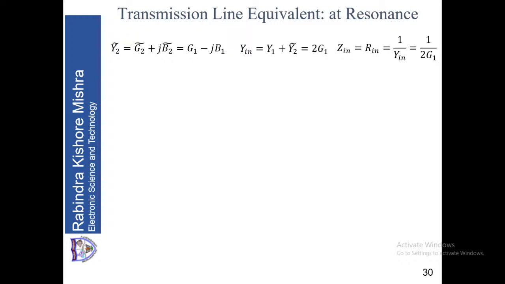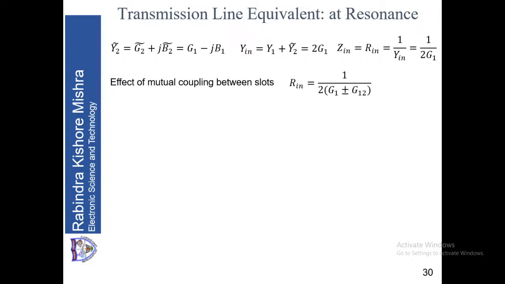There are two slots which are separated by a length L. So there can be mutual coupling between these two slots. So that is not used here. Now suppose I want to take the effect of mutual coupling between the slots, then this expression will change. This will become r in is equal to 1 upon 2 times (g1 plus or minus g12).